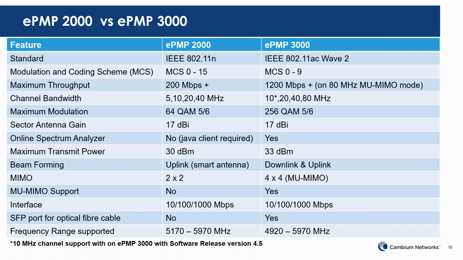We also have a wider frequency range on the ePMP 3000. So ePMP 3000 comes with a lot of features that would help you improve your network performance, not only in terms of capacity, but also in terms of other metrics.